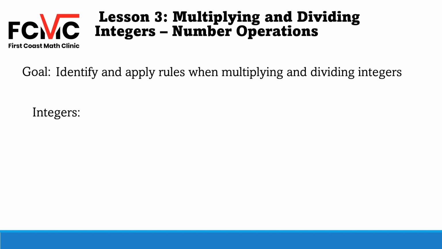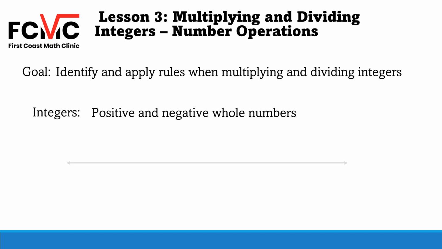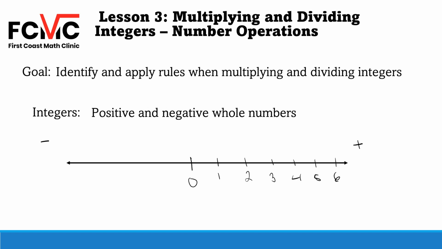So let's just review integers really quickly, and I made another video that talks all about integers and the specific types of numbers. So we know integers are positive and negative whole numbers. If we have our number line here, we start with 0 right in the middle. We've got our positive values to the right, our negative values to the left. So our integers are going to be like 1, 2, 3, 4, 5, and 6.